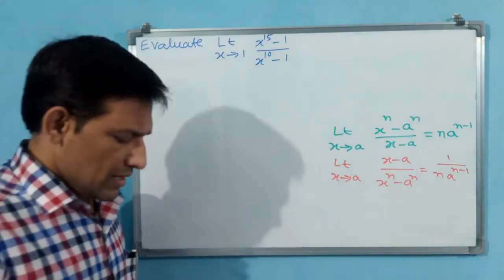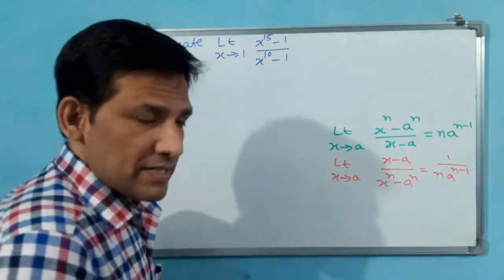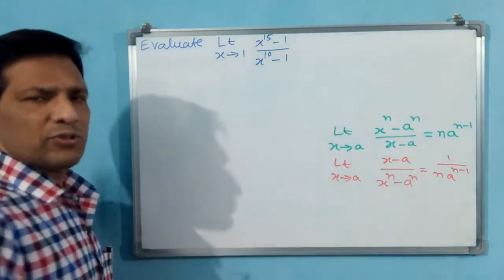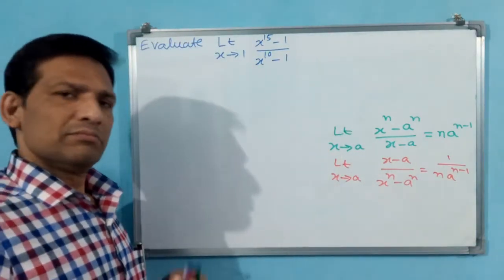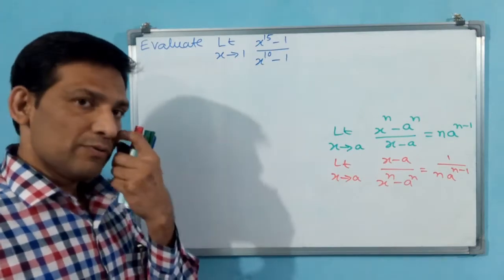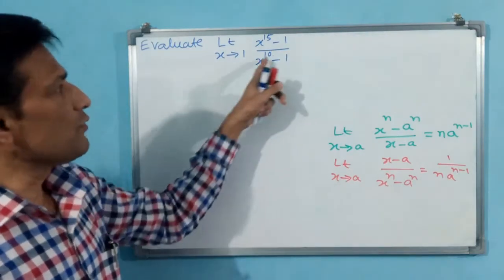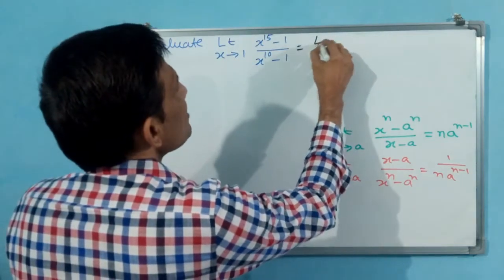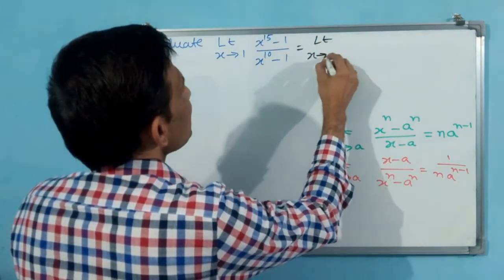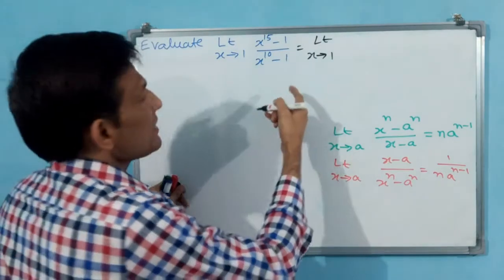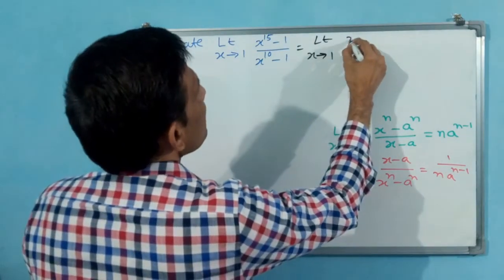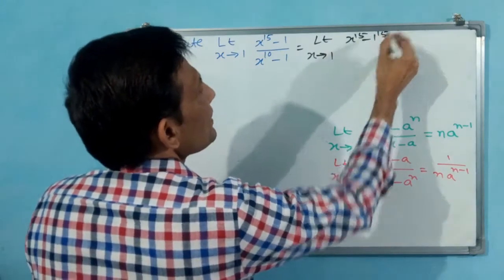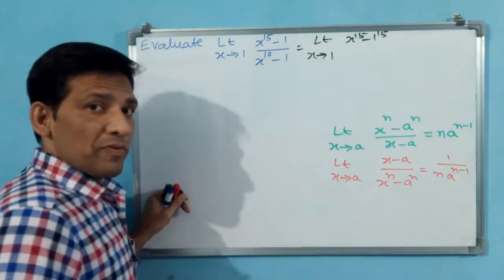Okay. Now we also know one formula, the division formula. Separately also you can do it, or you take this as multiplication. Shall I take it like this? Limit x tends to 1. You see how I am writing carefully. X to the power of 15 minus 1 to the power of 15. 1 to the power of 15 is the same. Why?